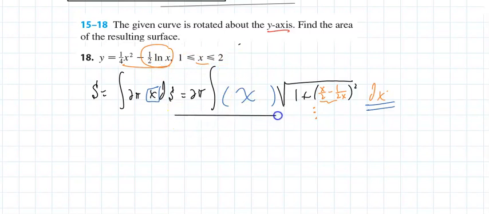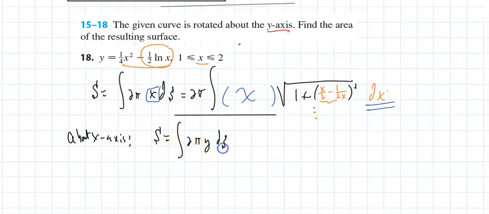I want to take this same problem and rotate it about the x-axis, I'm sorry. And guess what? There are a couple of exceptions, but for the most part, S equals the integral of 2 pi y ds.